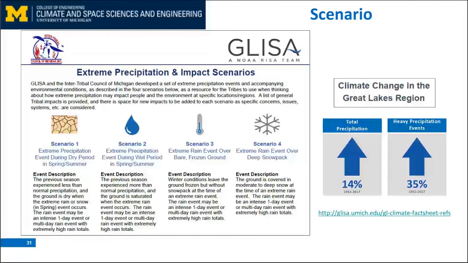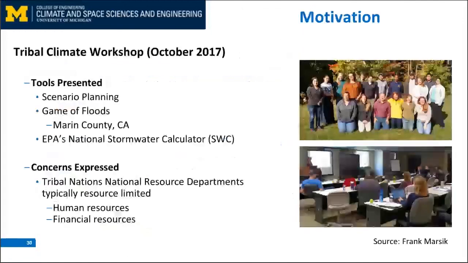So we worked with the tribes in understanding some of these scenarios that we think would be beneficial for them to consider when they're developing their programs. And so in addition to the scenario planning, we looked at a couple of different tools, one being the Game of Floods that was developed by Marin County, looking at making some climate adaptation planning decisions during coastal flooding.